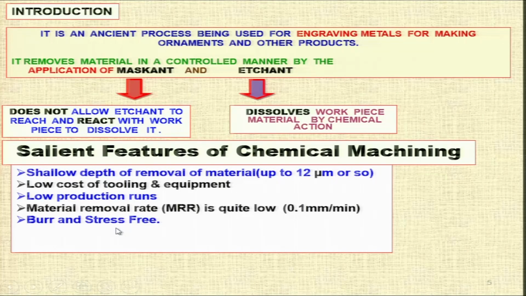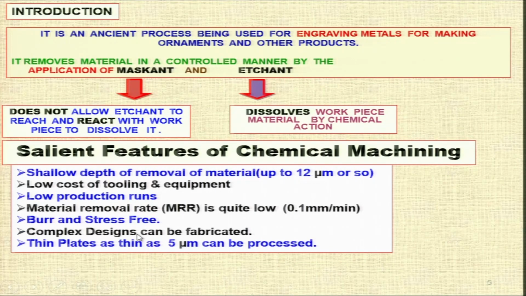Burr and stress-free process, because in one of the lectures we have discussed deburring and other things. So those kinds of burrs are not formed in this particular process, and it is stress-free, no thermal, no residual, no mechanical stresses are developed in the chemical micromachined components.